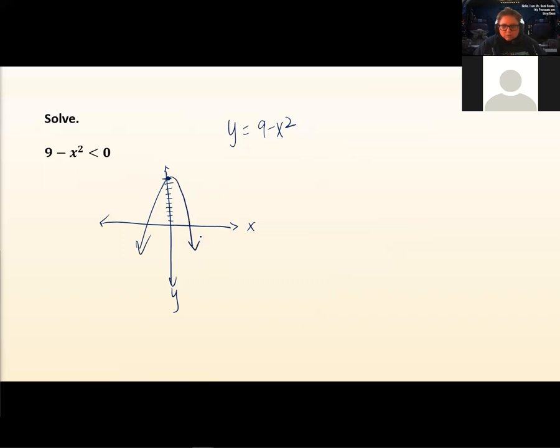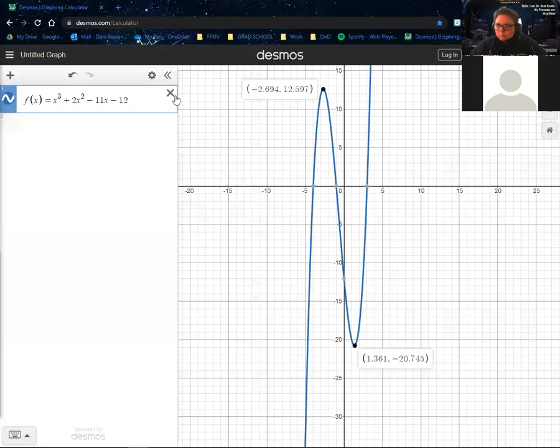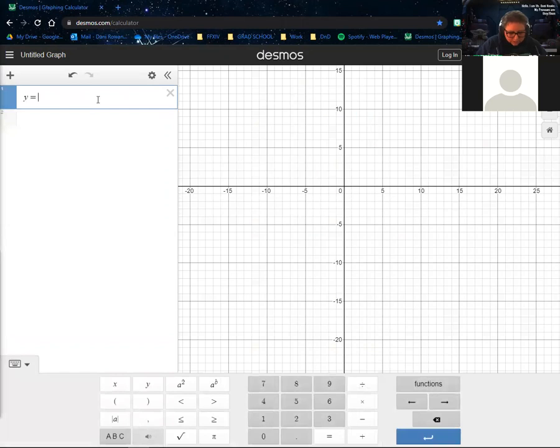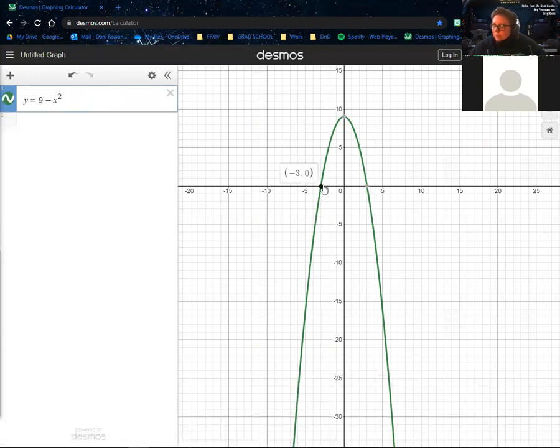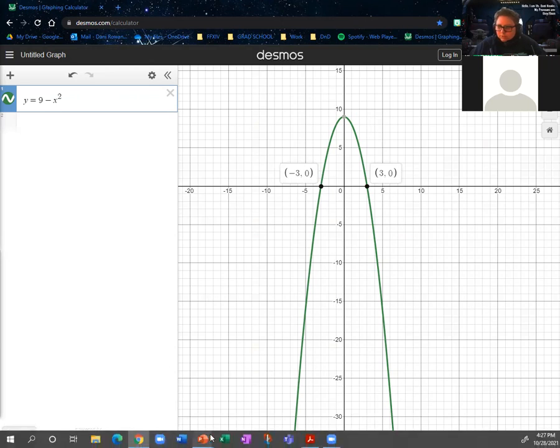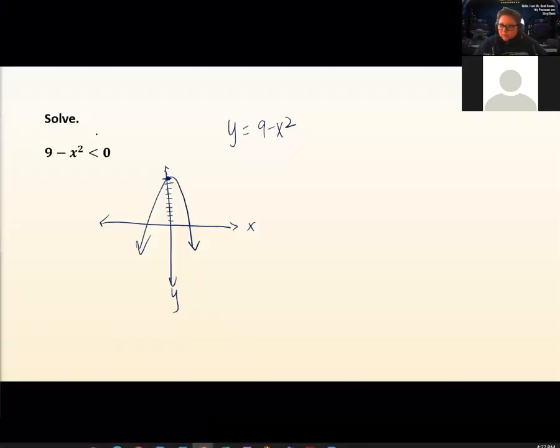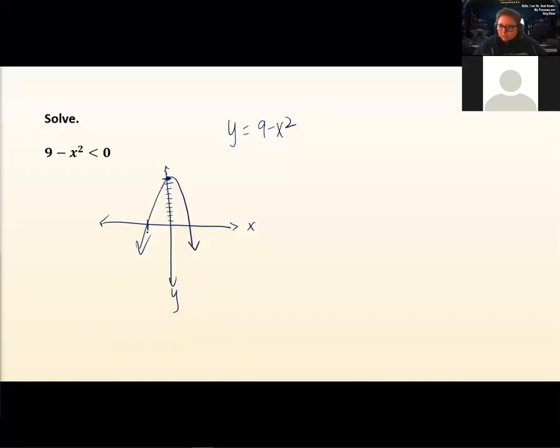I will go ahead and plug it in here too. y equals 9 minus x squared. Okay. So our zeros are 3 and -3, right? Yep. Which means, and I will mark that here, -3 and 3.